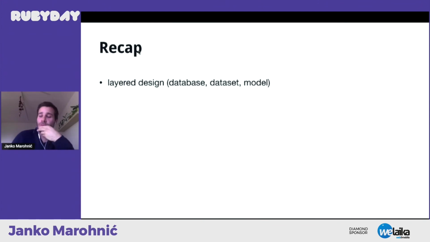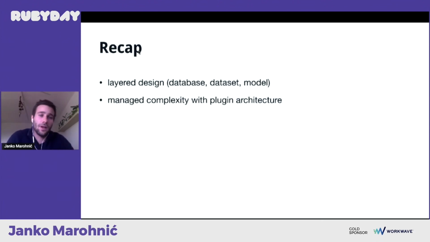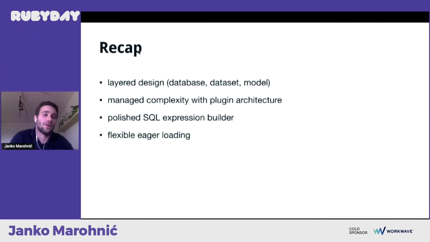So to recap, SQL has a really layered design. It clearly distinguishes between database objects, data sets, and models. I think it really nicely manages its complexity with a plugin architecture. Building SQL expressions feels really polished in SQL.